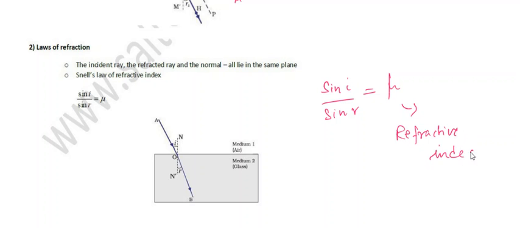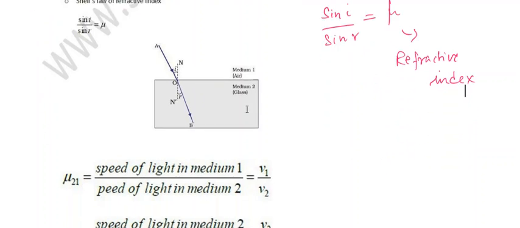So according to Snell's law, the ratio between the sine of the angle of incidence and the sine of the angle of refraction is always a constant, and that is given by the refractive index of the material of the medium. So it is a material property.